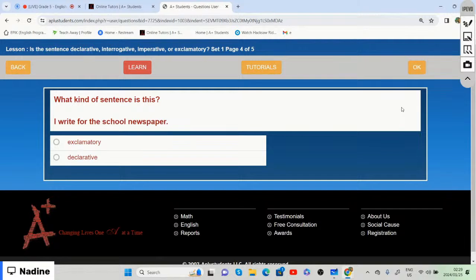I write for the school newspaper. Is this an exclamatory sentence or a declarative sentence?